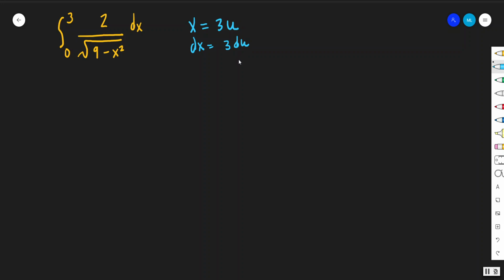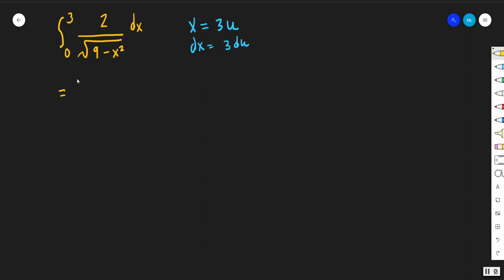So we actually don't have a 3 du. But what we can do next is this. We can actually just go ahead and divide by 3. Actually, that's okay. Yeah, 3 du is okay. So far everything looks good.